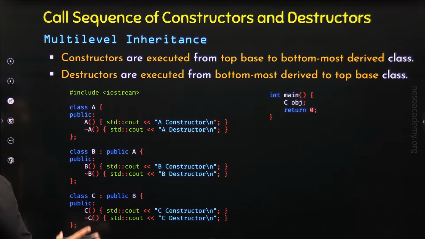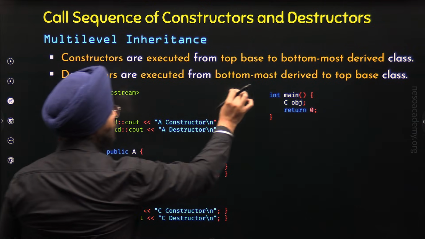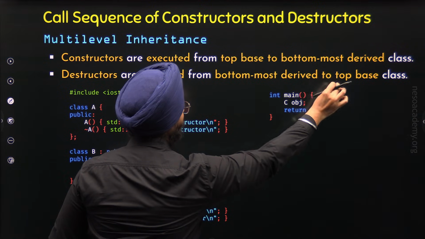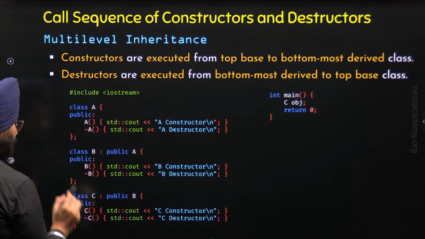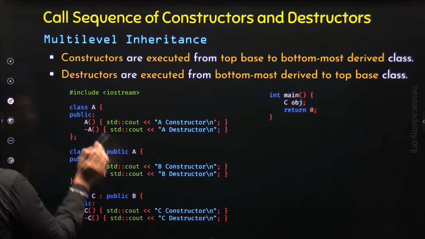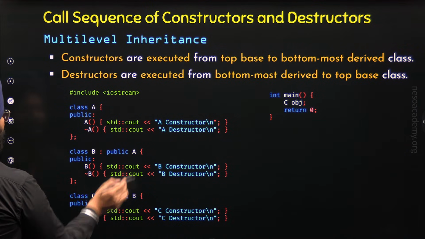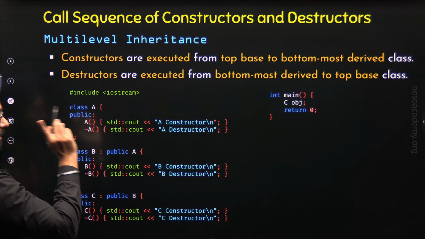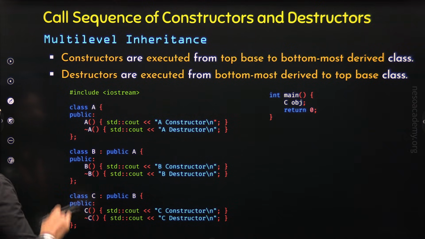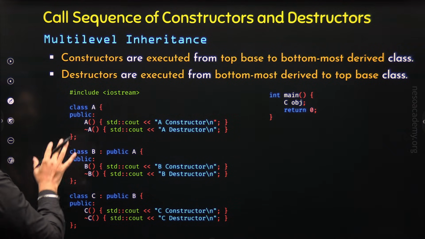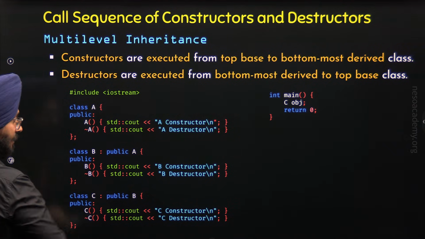And destructors are executed from bottommost derived class to top base class. This means destructor of class C will be invoked first, then the destructor of class B, and finally the destructor of class A. So this is the call sequence of constructors and destructors in case of multi-level inheritance.